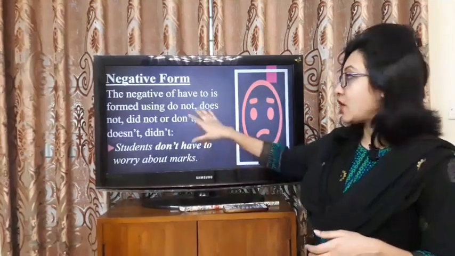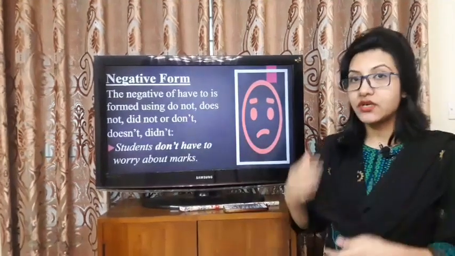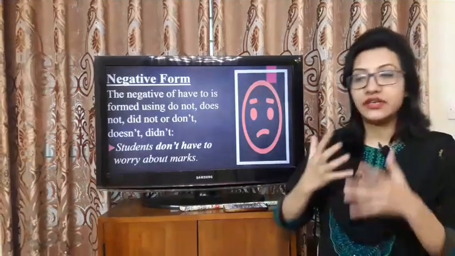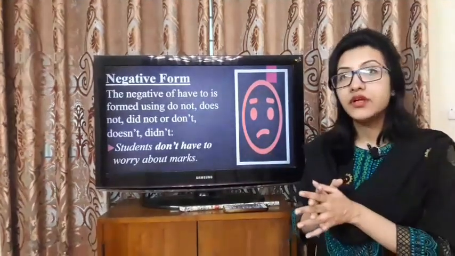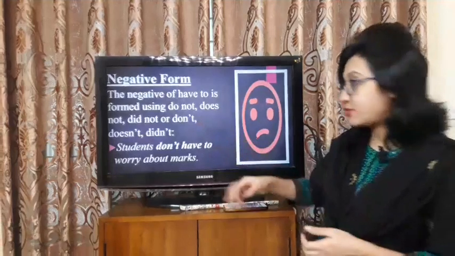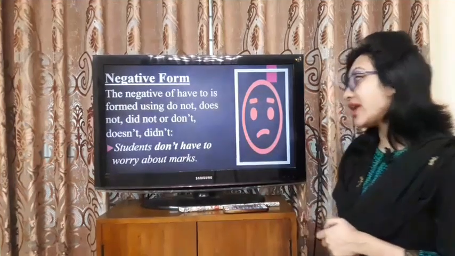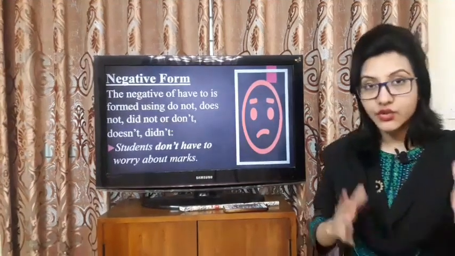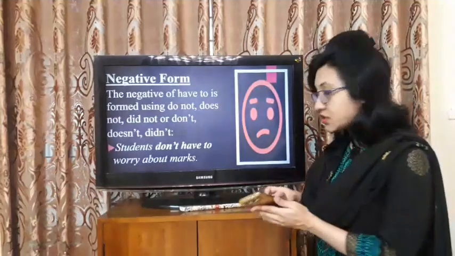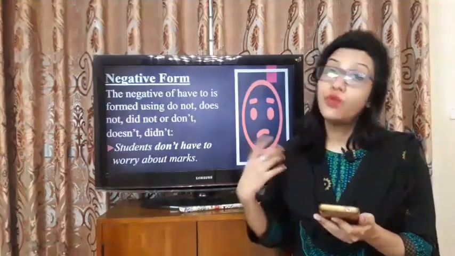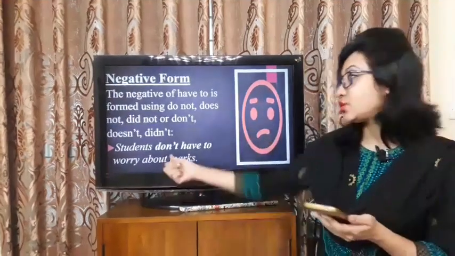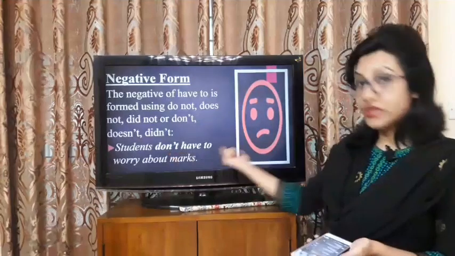usually what do we do? If the subject is first person singular number, we use do not. If it is in third person singular number, then we write does not have to. For example, students don't have to worry about marks. So here the subject is students, which is third person plural number. Since it is plural number, we have used don't have to here.